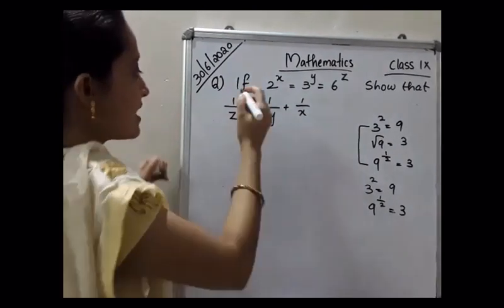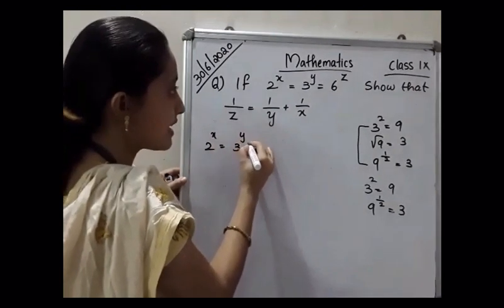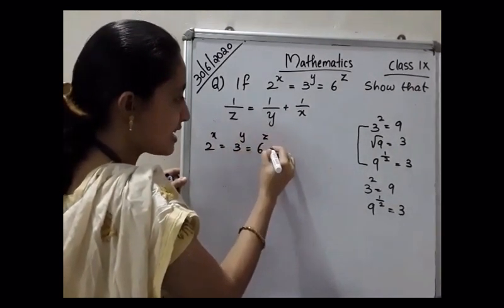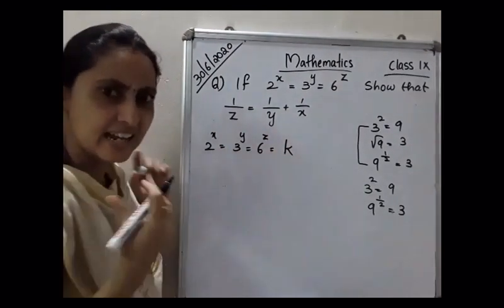Likewise, here we have 2 raised to x is equal to 3 raised to y is equal to 6 raised to z. Since all are equal, we equate them to a constant, k. K is any number.